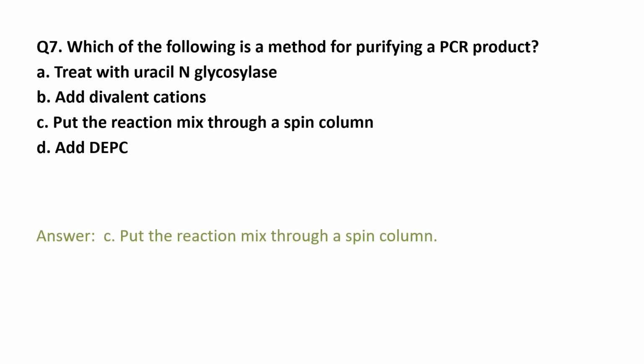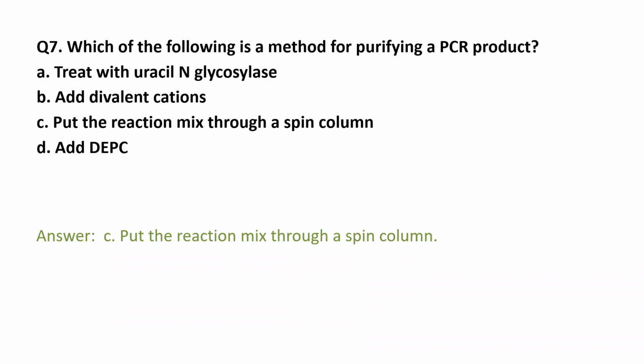The answer is putting the reaction mix through a spin column. Can anybody tell why it is? Some of you have answered also. It is because silica specifically binds to the PCR product, the DNA.